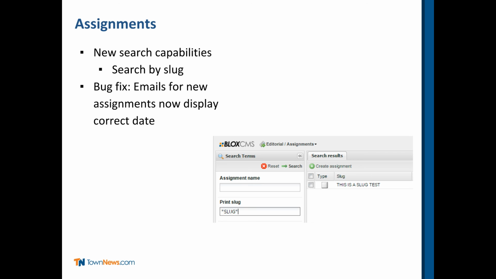There's actually been a couple of these where when the assignment was created and the email information was sent, there was some incorrect or kind of truncated information. And we think that we now have the correct date. So if you had looked at assignments several versions ago and didn't like it, please try looking at them again.